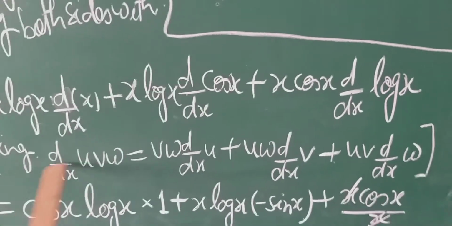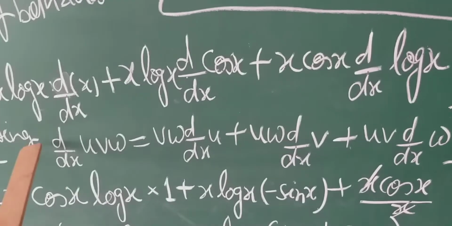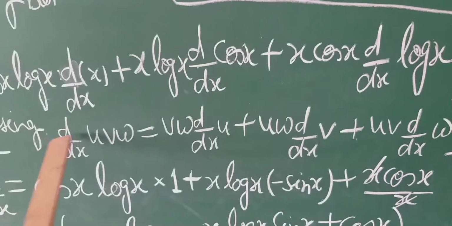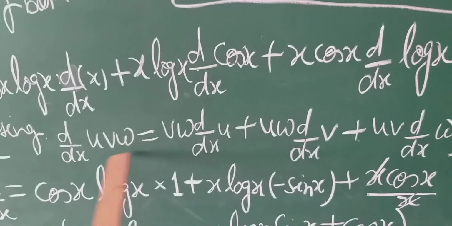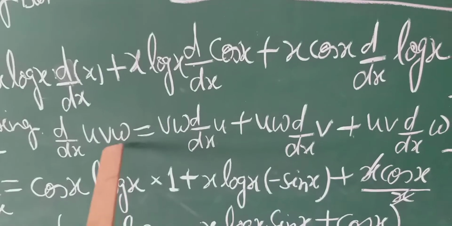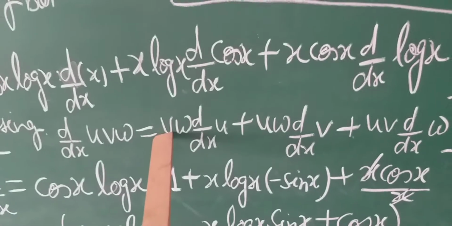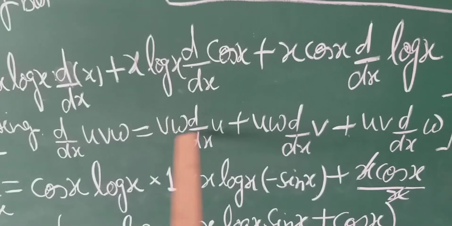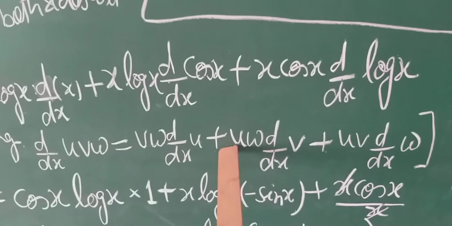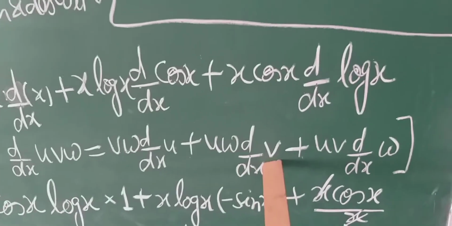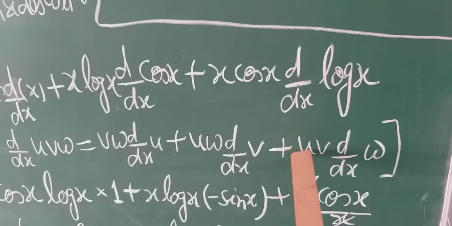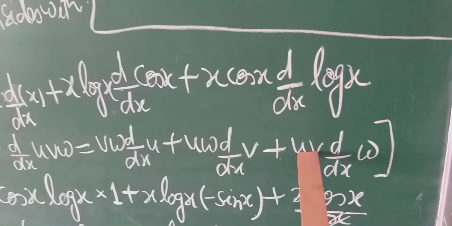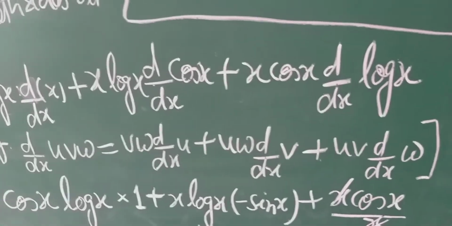Students, we have used this rule, product rule for three terms u, v, w. You can see here, second and third parts written as it is, differentiation of first; first and third parts written as it is, differentiation of second; plus first and second parts written as it is, differentiation of third.